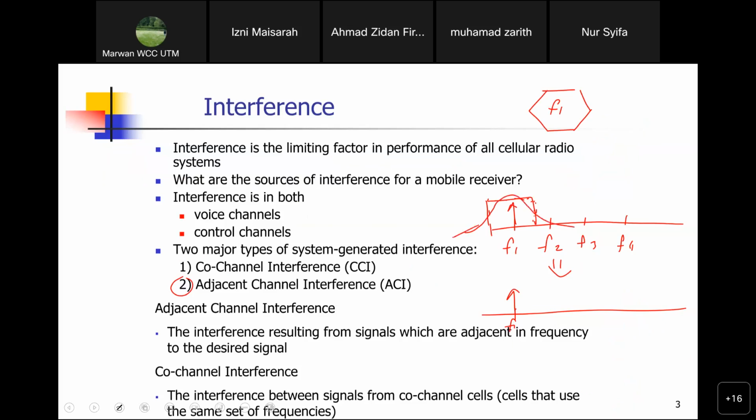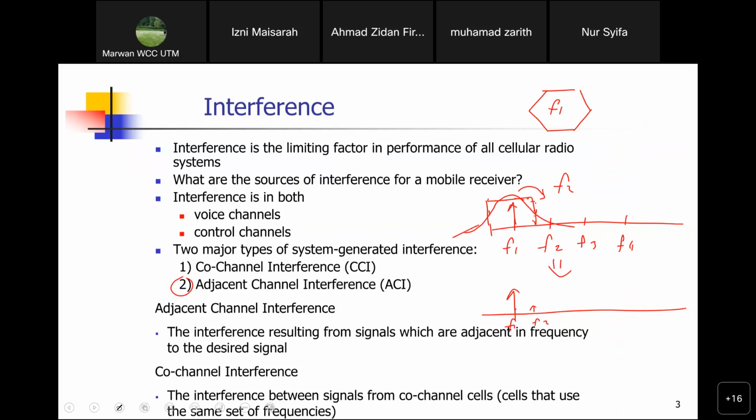Due to the filtering, some of the power from your neighboring signal, which is F2, you will also get a little bit of F2 because of the filtering. Then this is what we call adjacent channel interference.